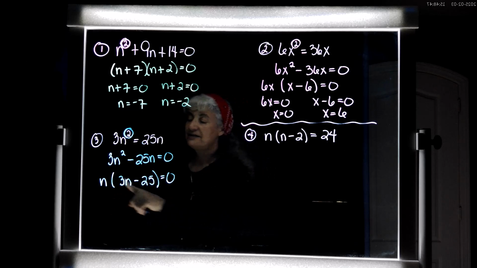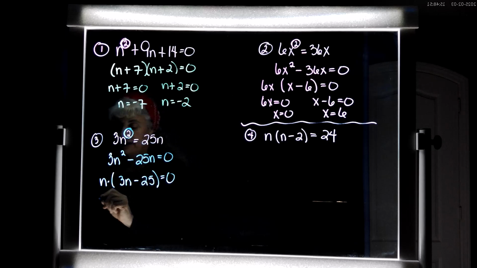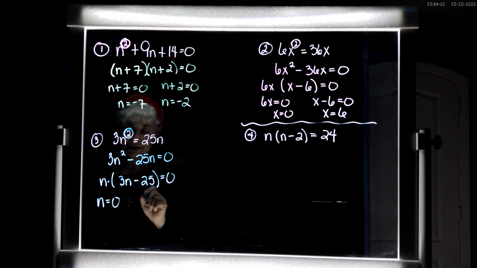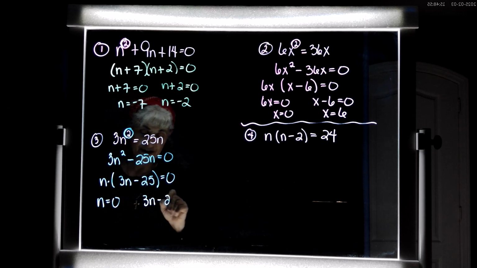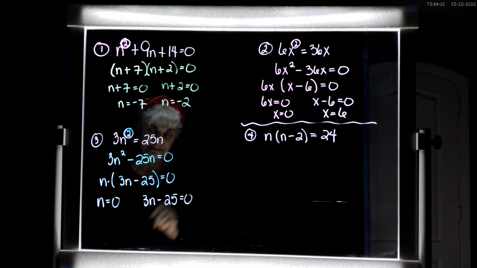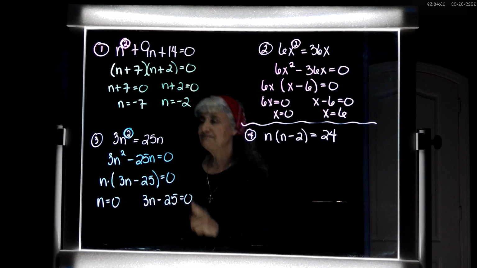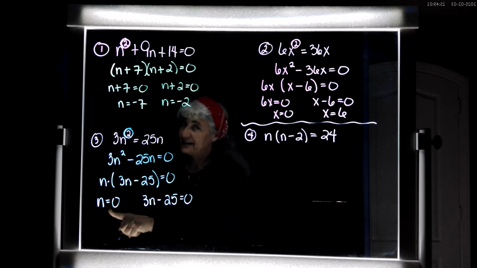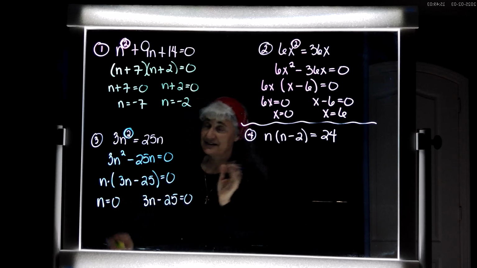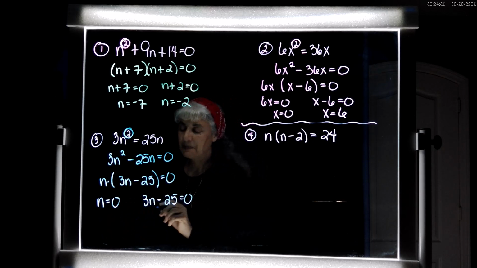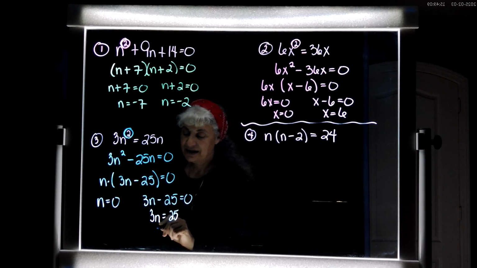So if a times b equals 0, then either a equals 0 or b equals 0. Right? This one's already solved for us. n equals 0. There's n already by itself. This one, yeah. Add the 25 to both sides and then divide by 3.